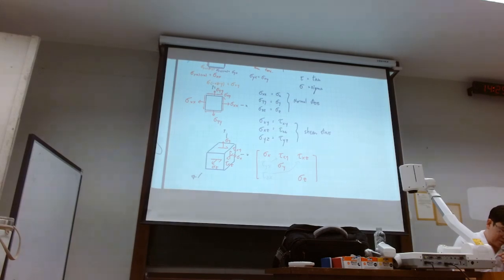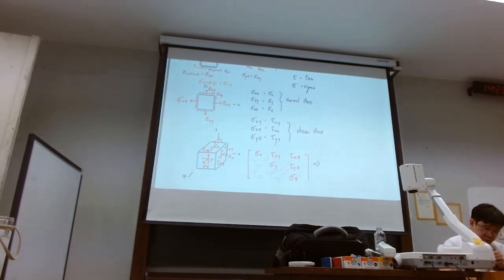And the last one would be this. This is tau yz on the top. So this is going to be tau yz. And tau zy would be the same as tau yz.